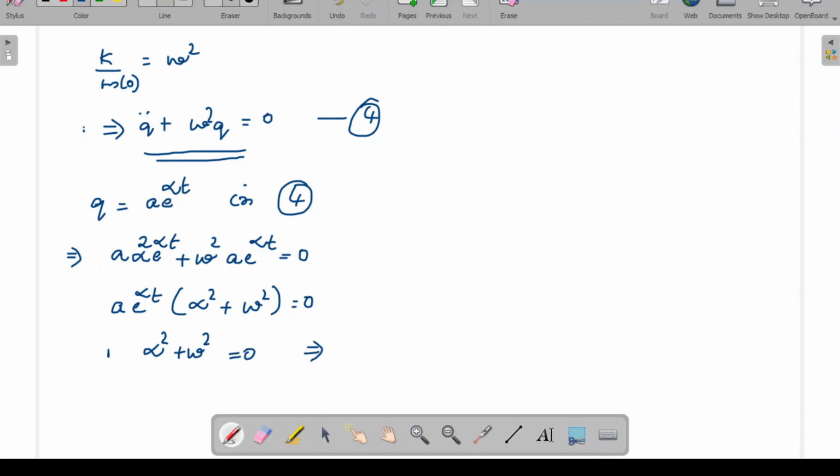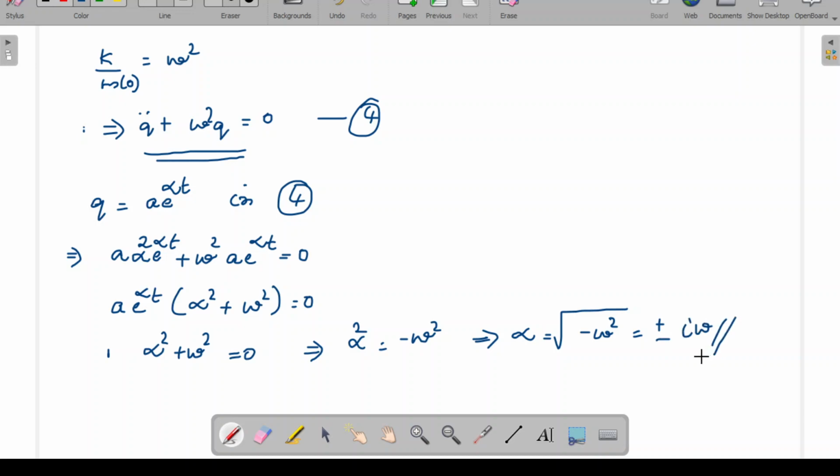that alpha square is minus omega square, or alpha is equal to the square root of minus omega square, and that is equal to the square root of minus 1, which is i, times omega. But since it is a square root, it can be plus or minus i omega.